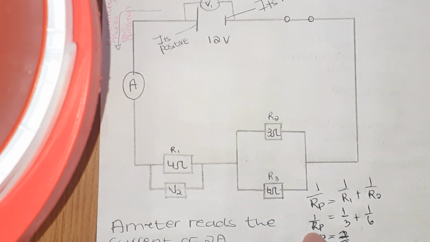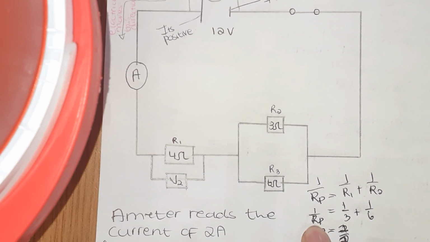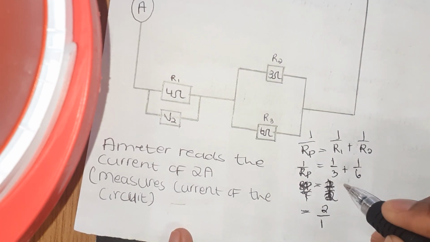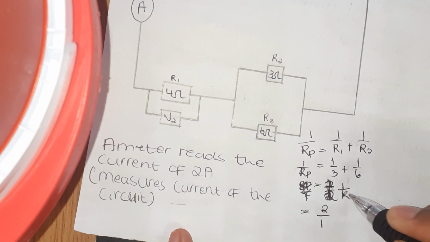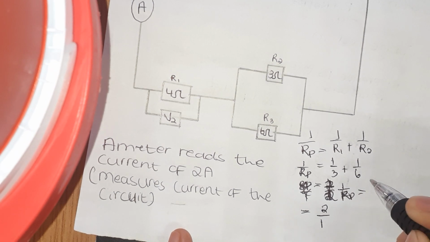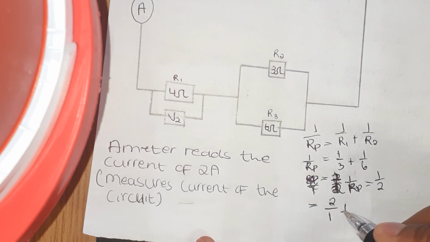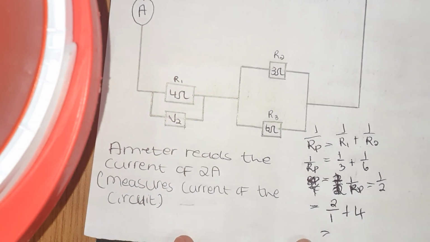The one that is in the bottom is what we are looking for. Here, Rp equals 1 over 2. So this is what we have. We have this 1 over 2 plus this 4.